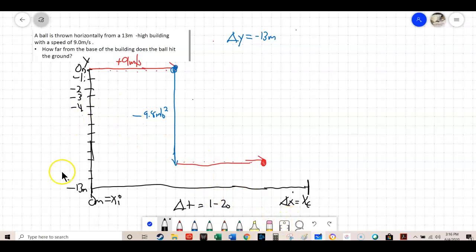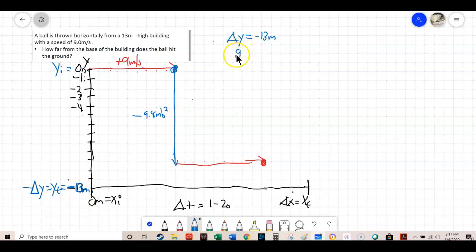And so delta y in the y direction, this is the y final position. If the y initial position is 0, then delta y is going to be that negative 13 meters. Okay, so delta y is negative 13 meters.